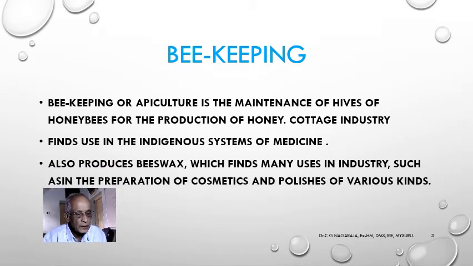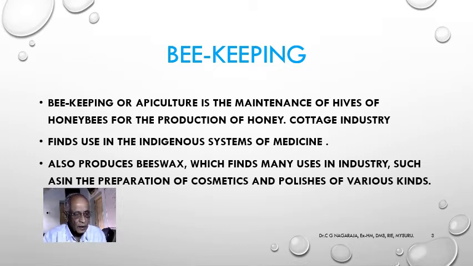Now, beekeeping is almost a science and also an art. Beekeeping is known by the name apiculture. It is the maintenance of beehives for the production of honey. Earlier, it was a cottage industry, that means in small homes or small villages, a small number of honey bees were kept for producing honey.